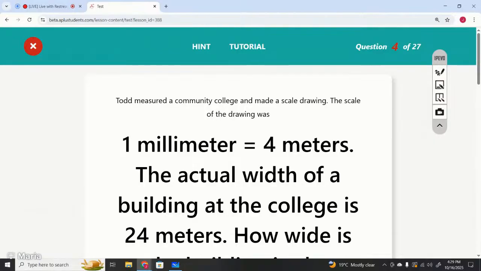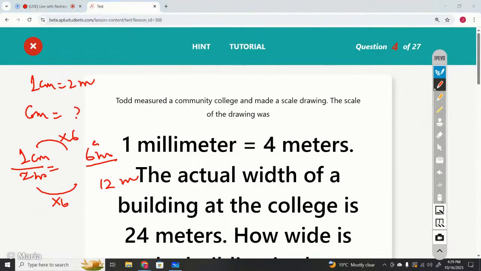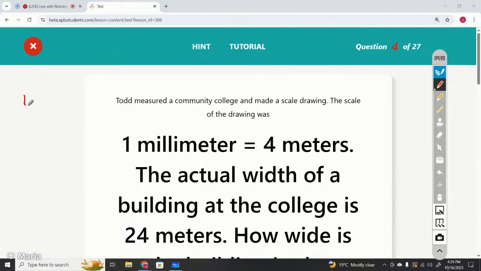One millimeter equals 4 meters. The actual width of the building at the college is 24 meters. We are given 1 millimeter to 4 meters. Now the actual width of the building is 24 meters. We need to calculate how many millimeters it is. So 4 times 6 is 24.